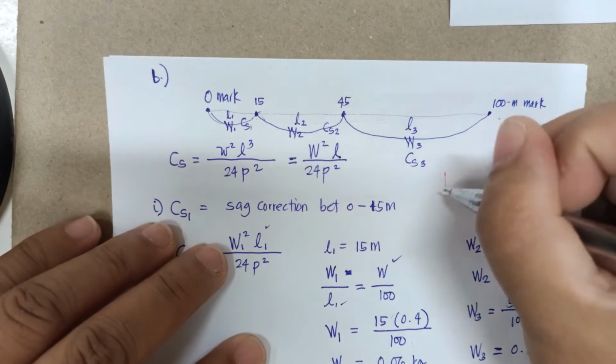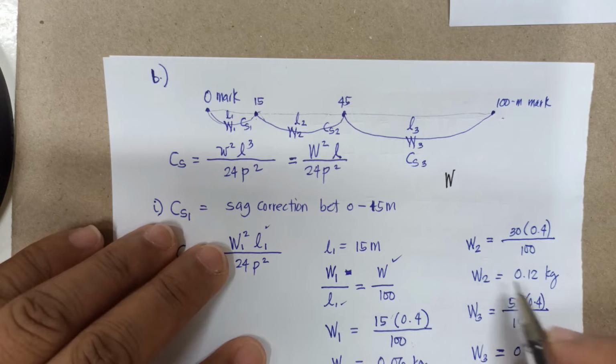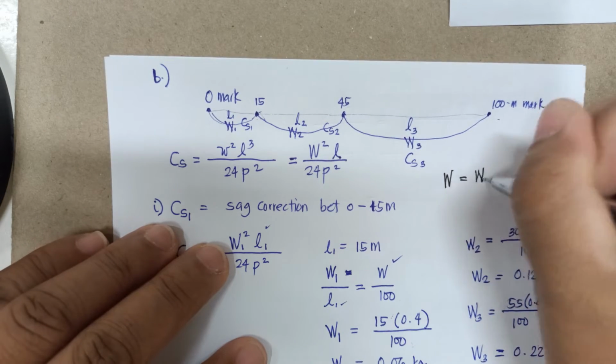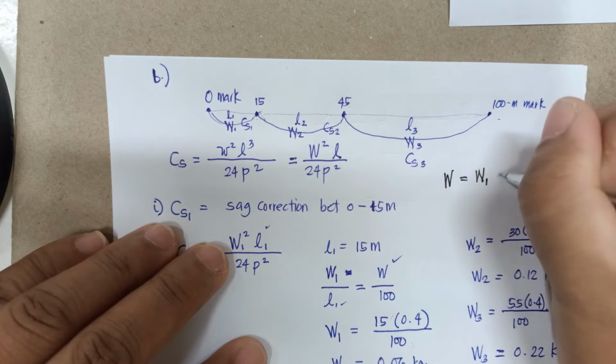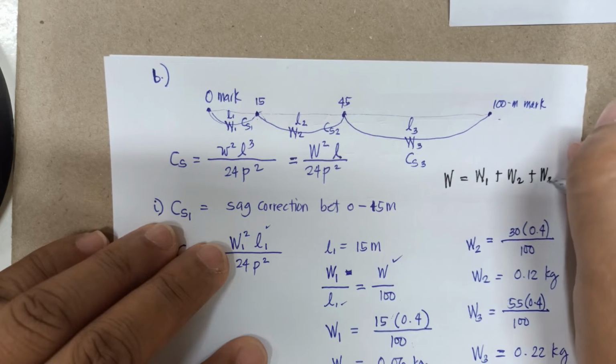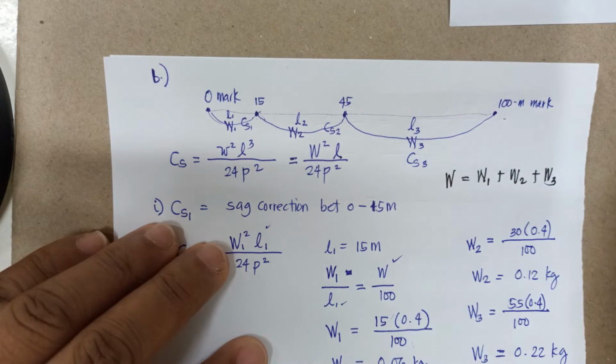So to check, the summation of the weights should be equal to 0.4. We have W1 plus W2 plus W3. We know that this is 0.4.